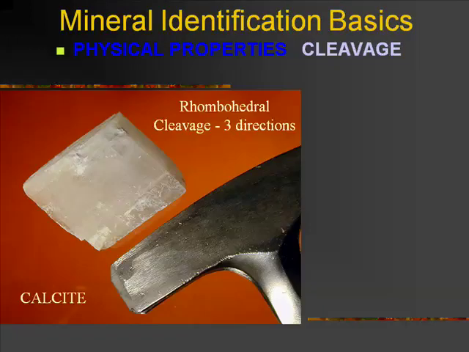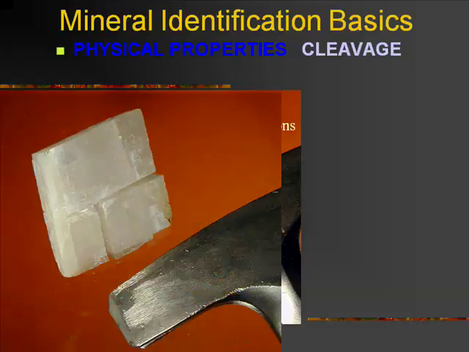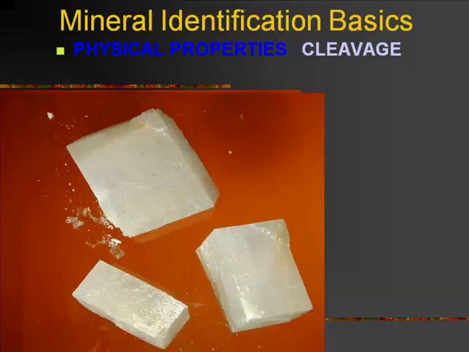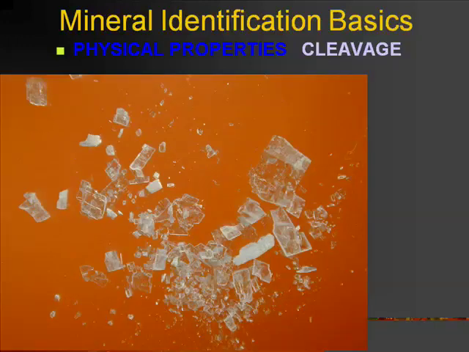Another mineral with 3 cleavage planes is calcite. However, calcite doesn't break at right angles. As you can see, it's got sort of this rhombohedral thing going on, like a parallelogram. And once again, if you were to break it, you'd get a lot of small parallelograms. Keep breaking it, and the more you break it, the more you get smaller and smaller, tiny little pieces.